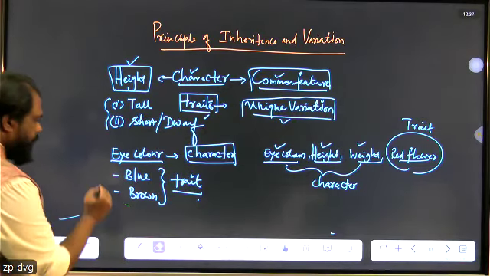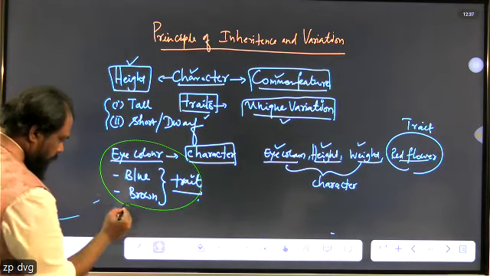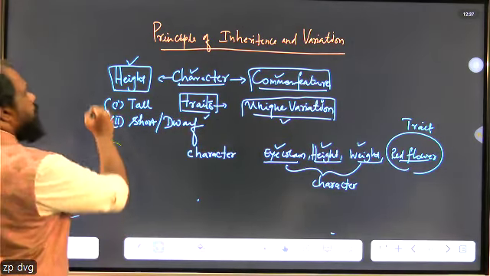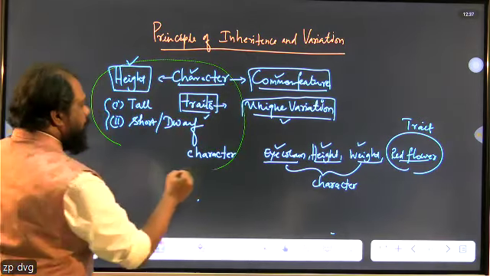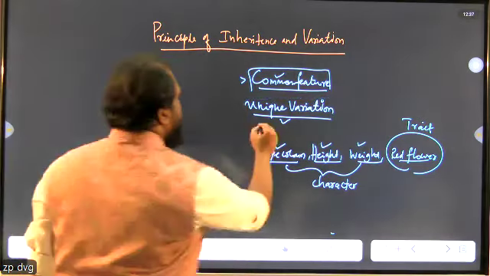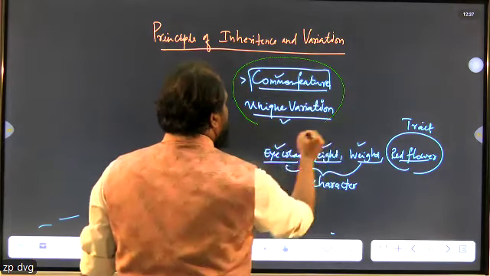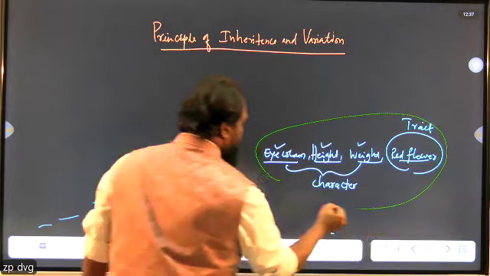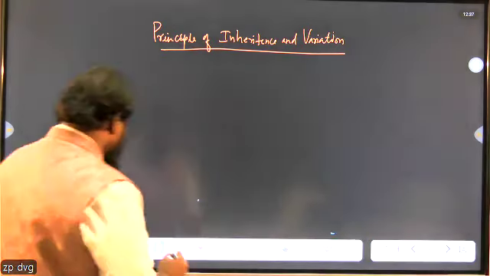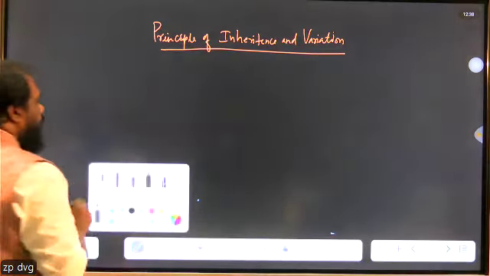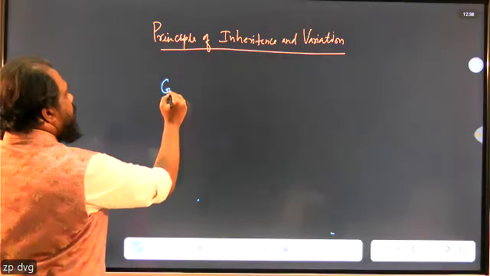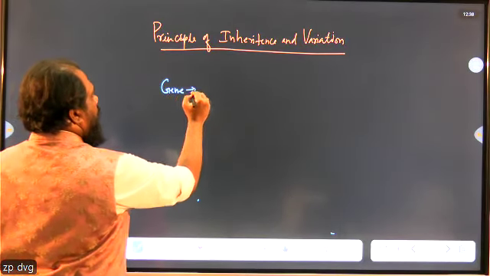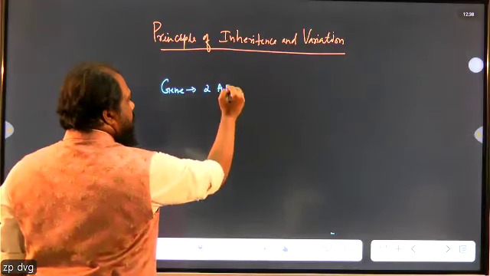Can you go to the next one? Okay. Before that, I told you every gene will have two alleles, but there are certain exceptions.